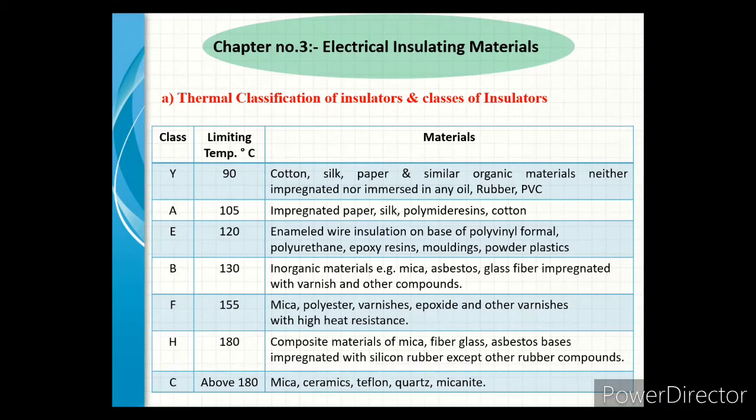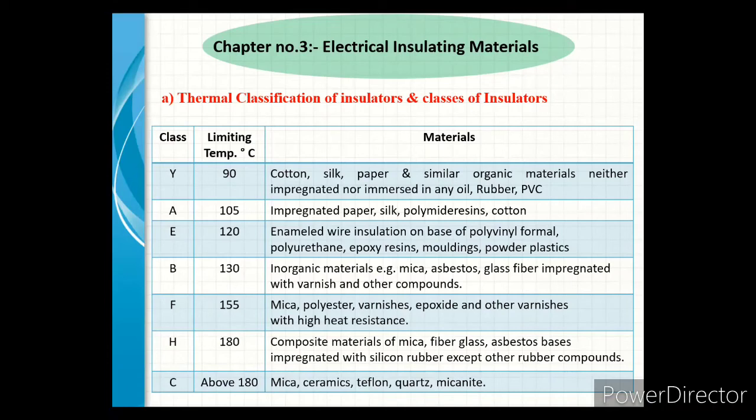Our next, third class is E class and its limiting temperature range is 120 degrees Celsius. The material included in this class is enamel wire insulation on base of polyvinyl formal, epoxy resins, moldings, powder, plastics.